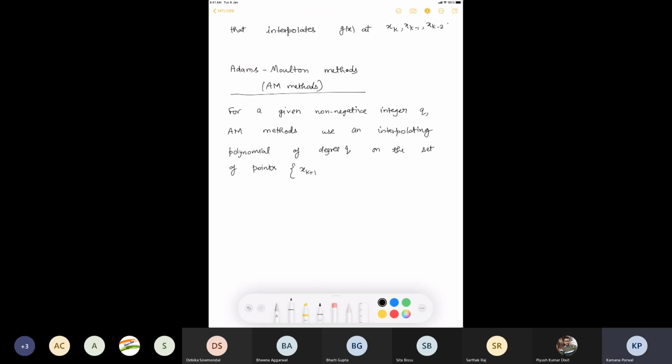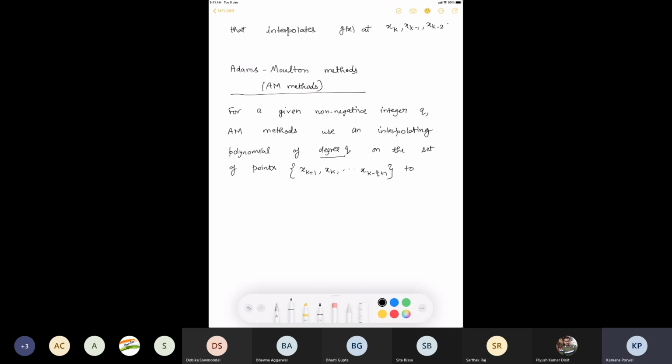Again you require q plus 1 points, but rather than starting from xk, I'm including xk plus 1. So we will have xk plus 1, xk, up to xk minus q plus 2. These are q plus 1 points, which will determine the interpolating polynomial of degree q.